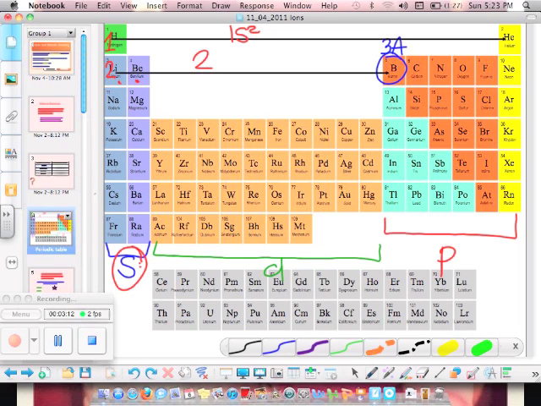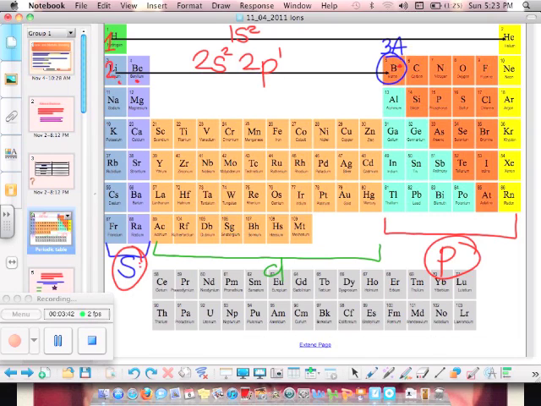So I write in an s, and I fill in 2, since 2 spots were taken. Then I have to jump over to this section. I'm still in row 2, but now I'm under the p section, so I label p. And how many elements do I have under that area? I only have this one right here, so I have 2s2, 2p1.